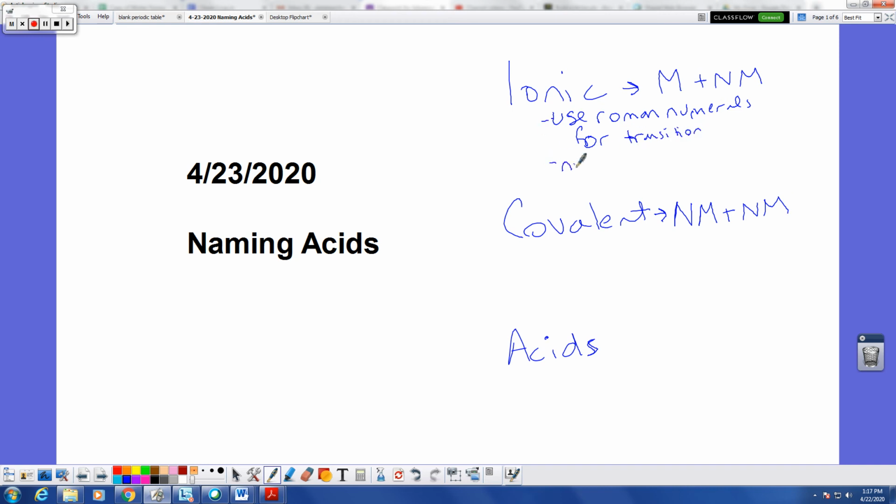And you just name the ions. Okay, covalent, we're going to use prefixes that represent the subscripts.